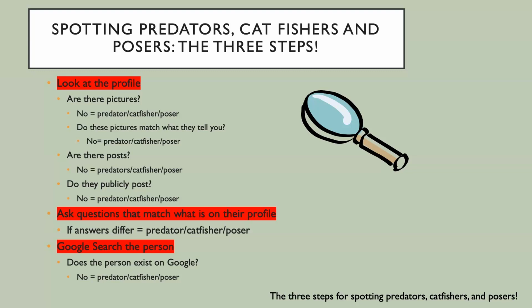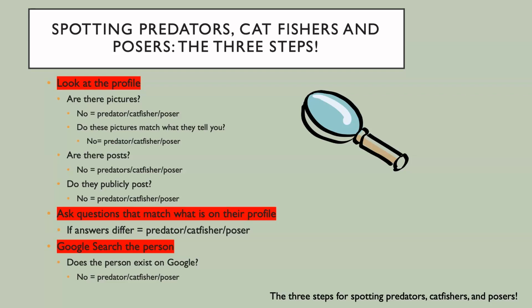Tell me what a poser is. And so she's like, well, you want to know somebody's not a poser, you click on their picture and look at their profile. And I'm like, tell me more, because she was correct. So she actually came up with this one herself. She says, look at the profile, click on the picture. If nothing's there, they're probably a poser or a catfish or a predator.